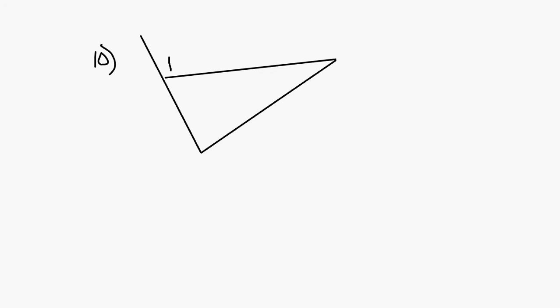You're told that angle 2 is 33 degrees. You're told that angle 3 is 70. Two ways to do this problem again, isn't there? The measure of angle 1 is equal to 33 plus 70, which is 103.